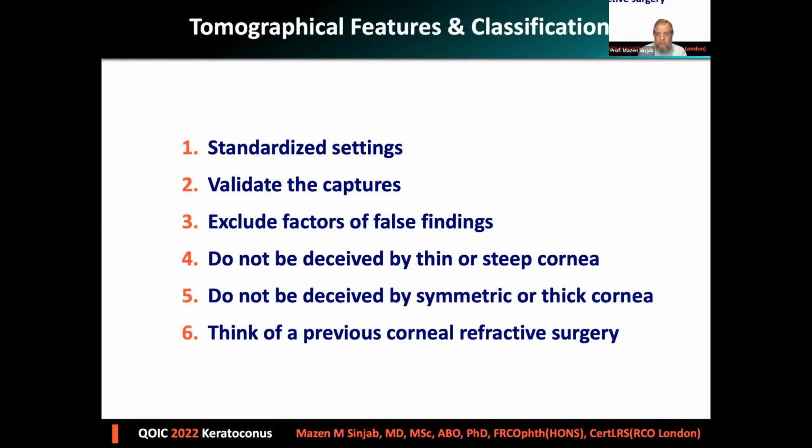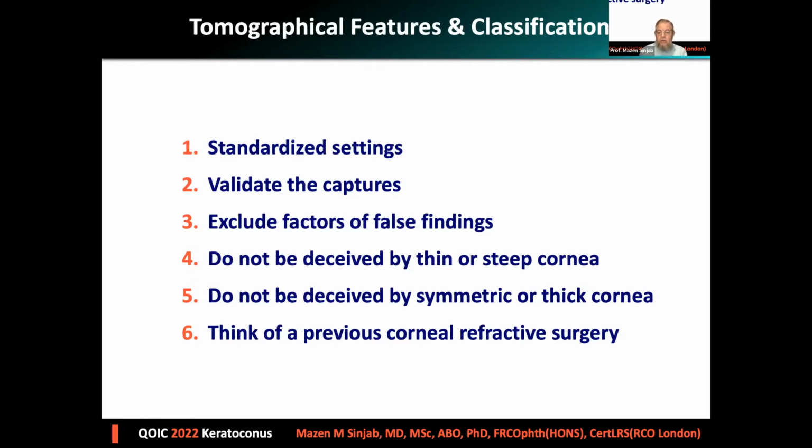What are the tomographic features and classification of ectatic corneal diseases? Actually, before we study the tomographic features, we have to be sure that we are using the standardized settings, and then we validate the captures to avoid any factors of false findings. You have to be aware and not deceived by thin or steep cornea, because sometimes thin and steep corneas are normal.